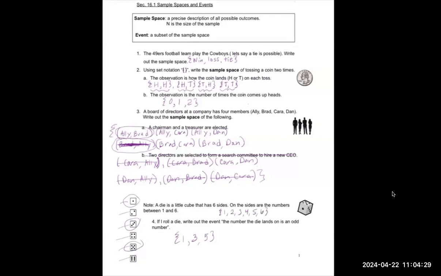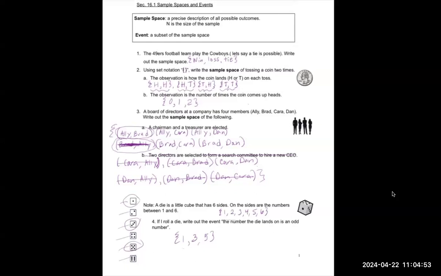Then the event, which is a smaller thing than the entire sample space, that it rolls an odd number contains the numbers 1, 3, and 5, because those are the only numbers that are odd on the face of the die.